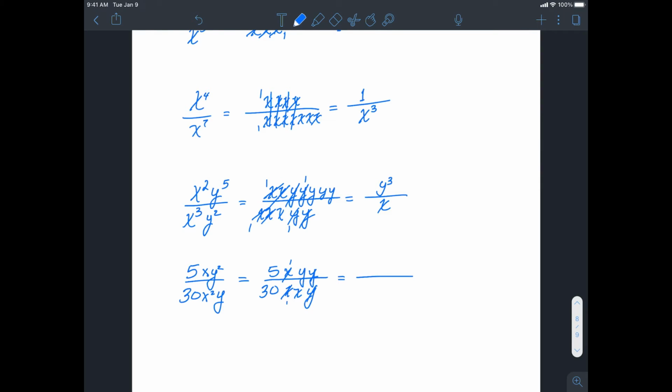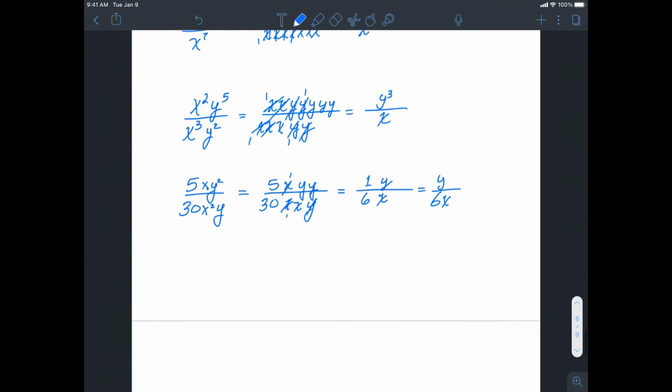So this would be 1/6, and we're left with 1 y in the numerator, 1 x in the denominator. And whenever we have a factor of 1, we do not write it unless it's alone. So this would simplify as y over 6x.